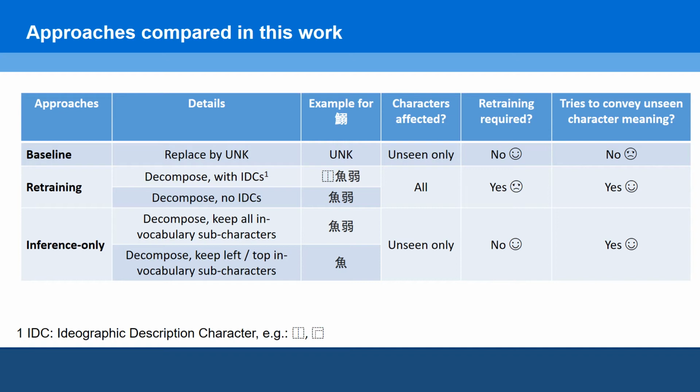And then we have two inference-only approaches, which are our approaches that only apply to unseen characters, and those do not require retraining. One of them replaces unseen characters with all of their in-vocabulary subcharacters. The other just keeps the in-vocabulary subcharacter that is either on the left or on the top of the character, depending on structure. This is the subcharacter which is most likely to be the semantic component.